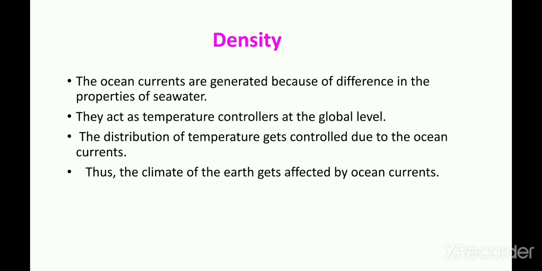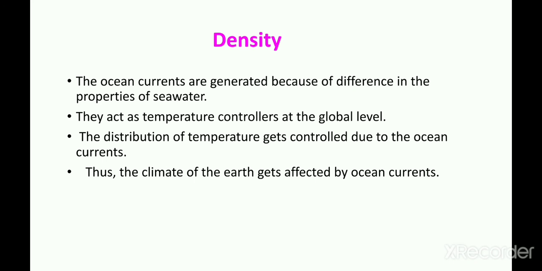Ocean currents are generated because of the difference in the properties of seawater, mainly temperature, salinity and density, and they act as temperature controls at the global level.